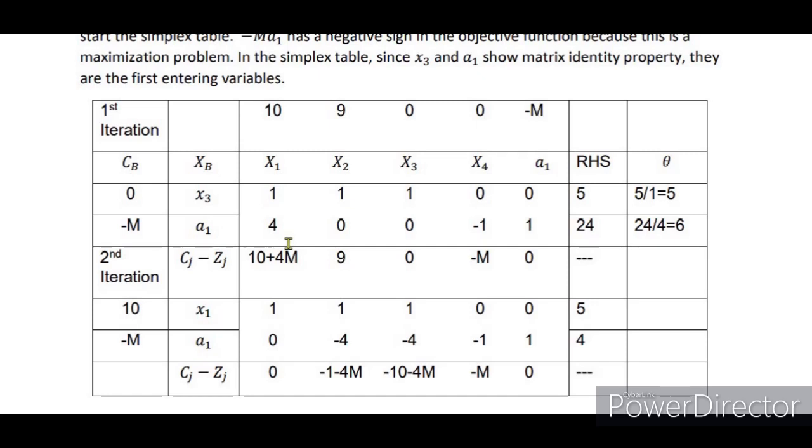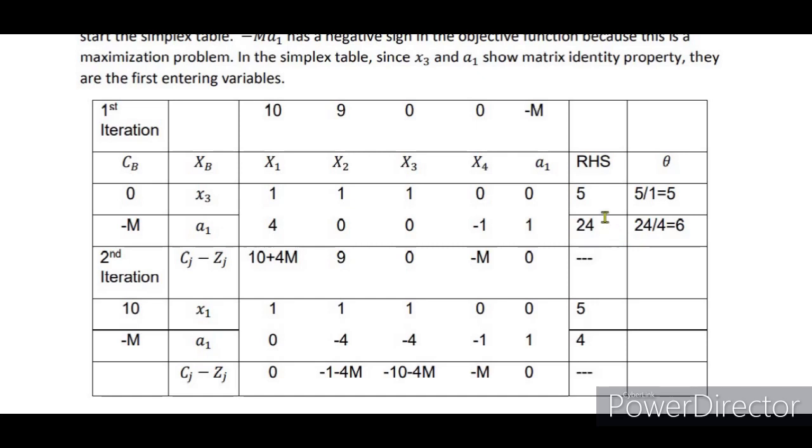Again we will choose the highest positive value of Cj minus Zj, which is 10 plus 4M, the highest, under the x sub 1 column. Now we will solve for the theta. The value of RHS here is 5, so 5 divided by 1 is equal to 5.